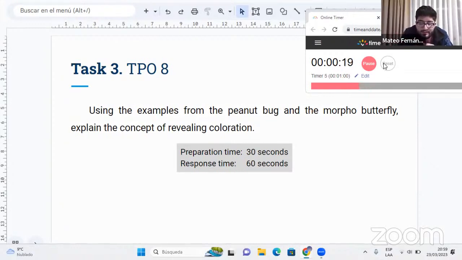He also gives the example of morpho butterflies, which have parts of their wings with some bright colors they use when birds attack.